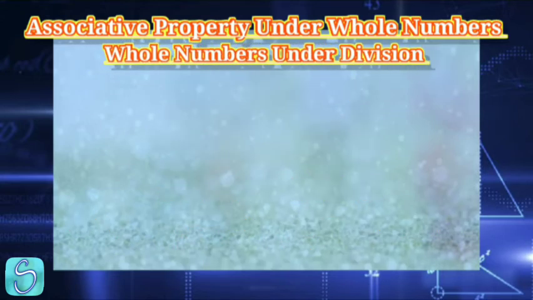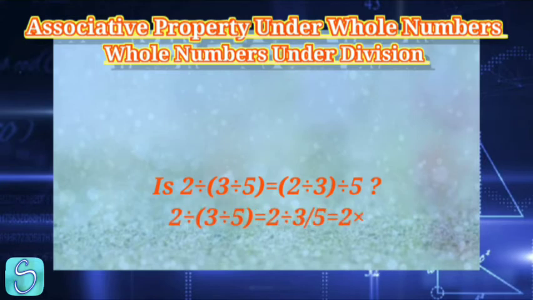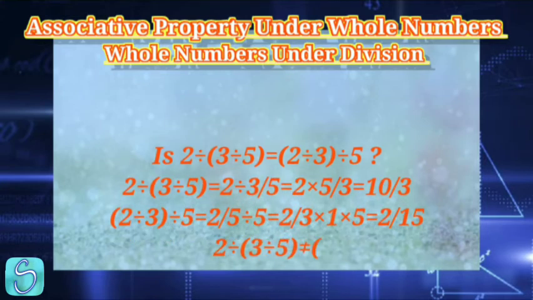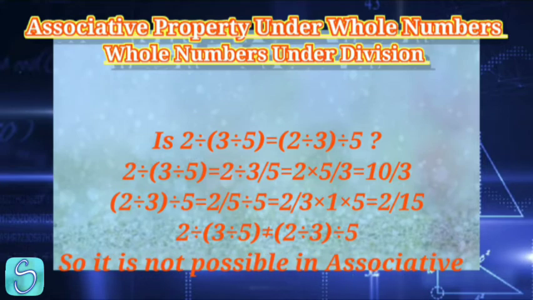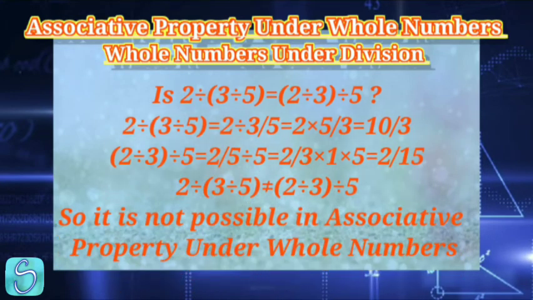So it is the associative property under whole numbers for multiplication. Whole numbers under division: (2 ÷ 3) ÷ 5 is equal to 2 ÷ (3 ÷ 5). Find the value of 2 ÷ (3 ÷ 5): 2 into 5 by 3 is equal to 10 by 3. Find the value of (2 ÷ 3) ÷ 5: 2 by 3 divided by 5 is equal to 2 by 3 into 1 by 5, equal to 2 by 15.